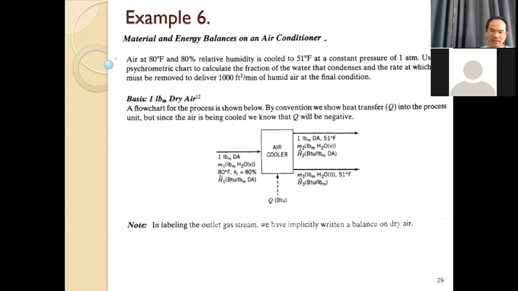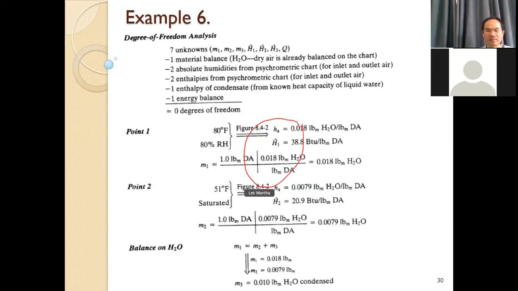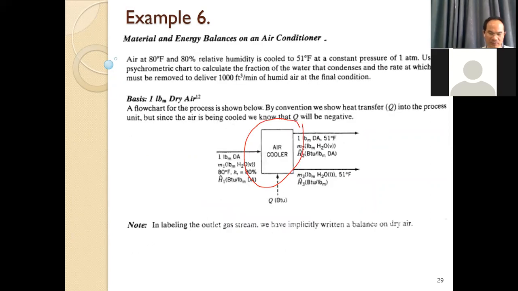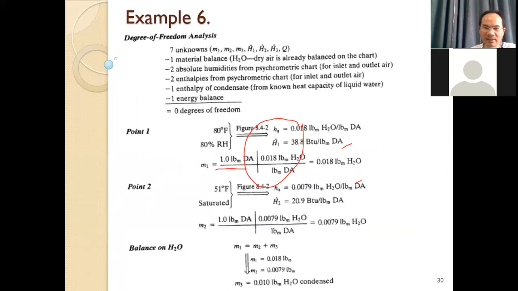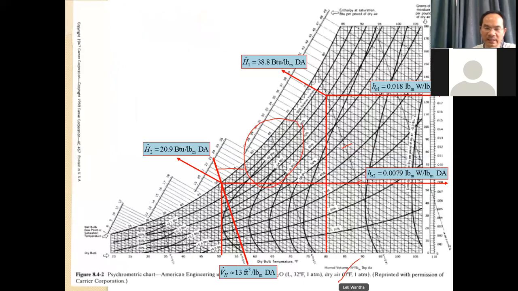We get inlet equal to outlet. For the water balance, the water inlet M1 equals outlet M2 plus M3. You know M1, you know M2, so you can solve for M3 directly.